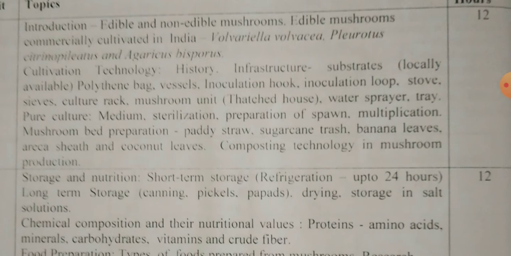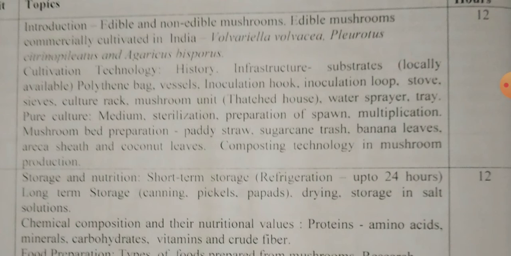Generally paddy straw is used as one of the substrates or beds. Apart from that, other materials like sugarcane trash, banana leaves, areca sheath, and coconut leaf are also used for the beds, and composting technology for mushroom production. All these concepts you will study in unit 1.